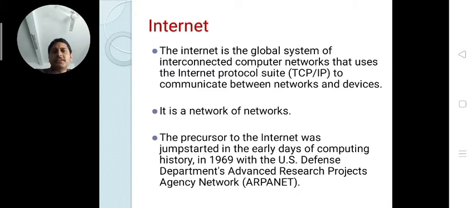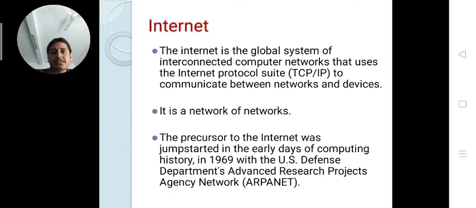The precursor of the internet was jump-started in the early days of computing history in 1969. It means in 1969 the internet was not there, but a network was there, and one agency known as the Advanced Research Project Agency Network, in short ARPANET, a part of the US Defense Ministry, was using their networks.